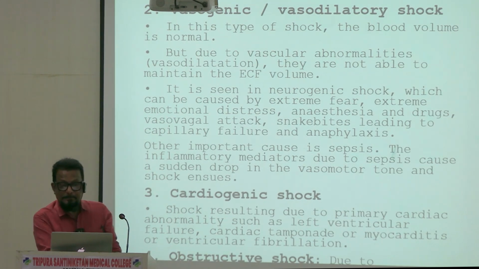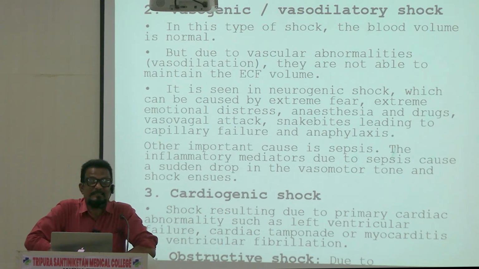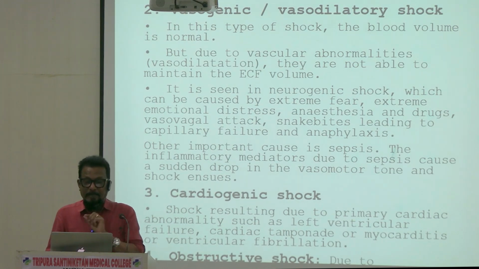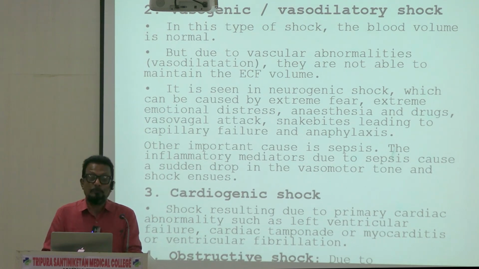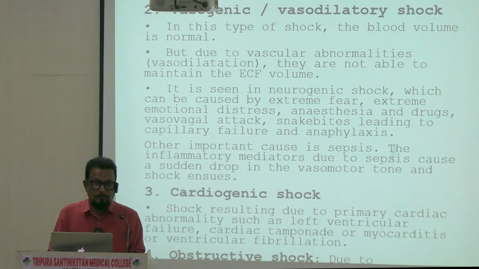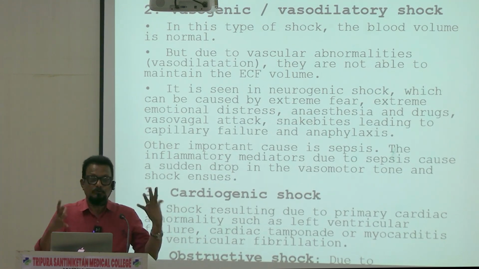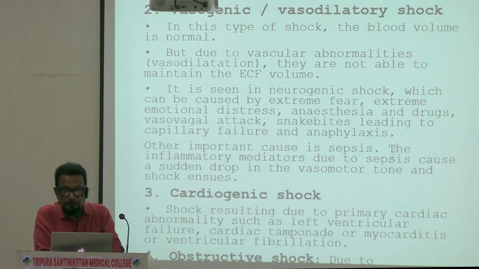And not only this, there will be excess formation of ECF, extracellular fluid. Why? Because of dilatation, the capillary exchange will be increased, and the extracellular fluid formation will be increased, so ultimately the circulating volume will be decreased.